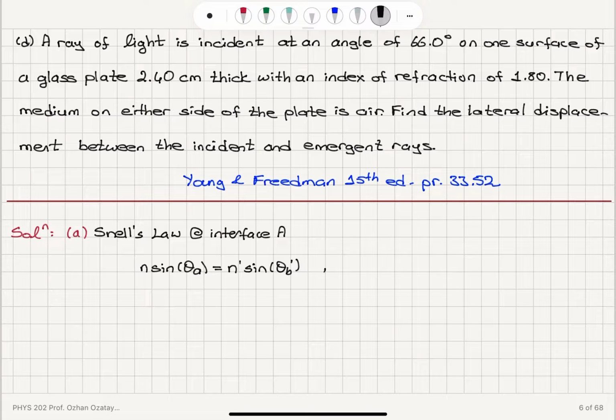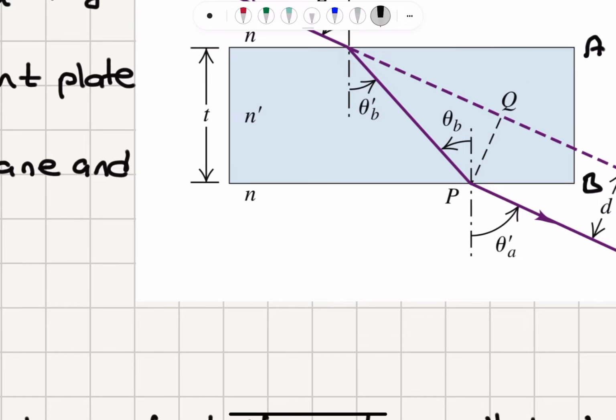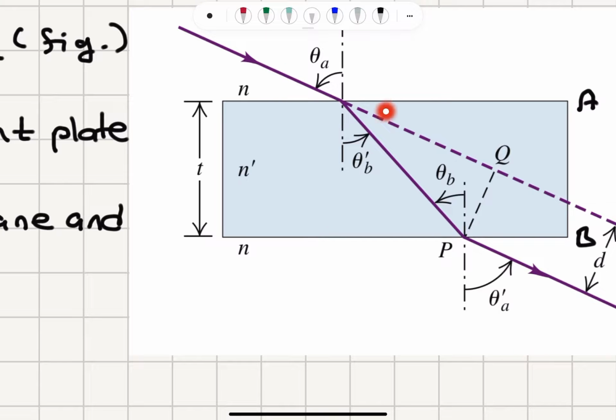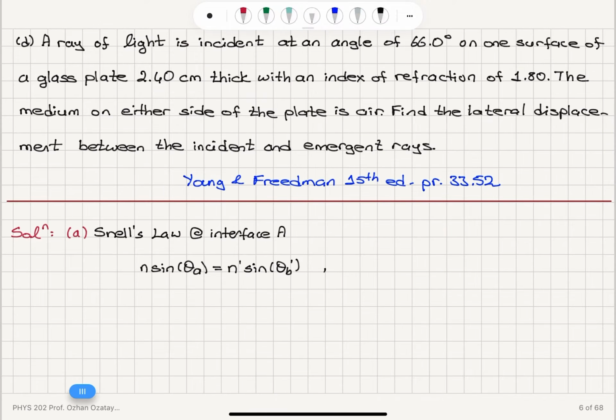If you look at theta B and theta prime B, since these two planes are parallel, you can see in the figure that they are equal to each other.